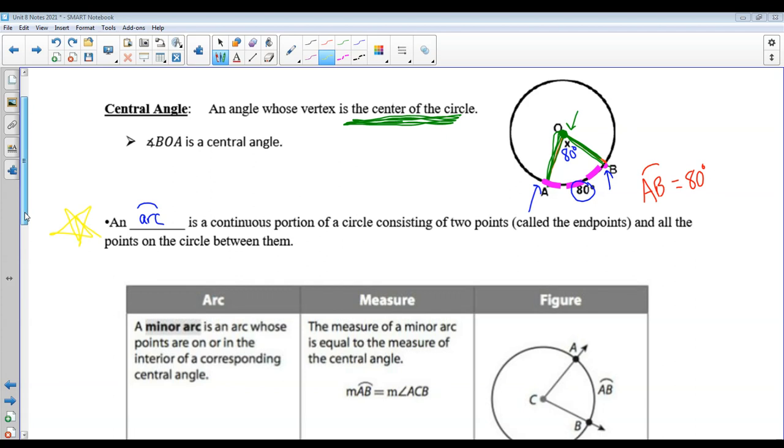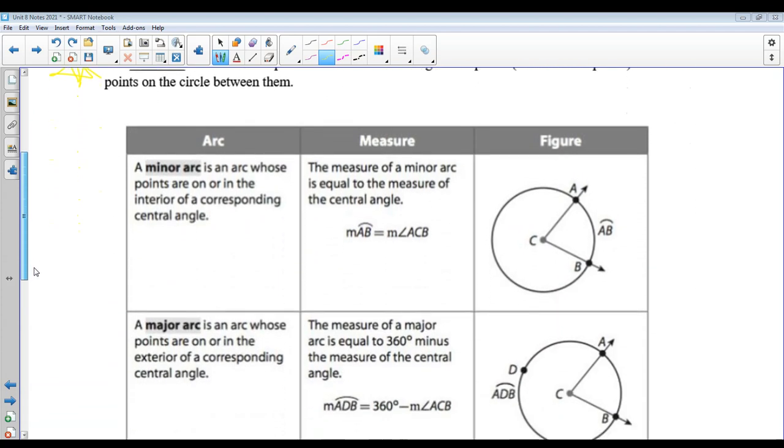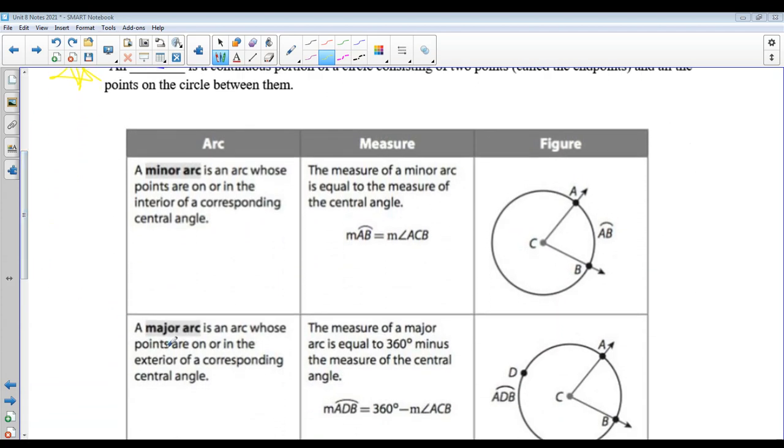All right, so minor arc. A minor arc is an arc whose points are on or in the interior of a corresponding central angle. Basically, a minor arc is the portion of the circle that the central angle cuts into.